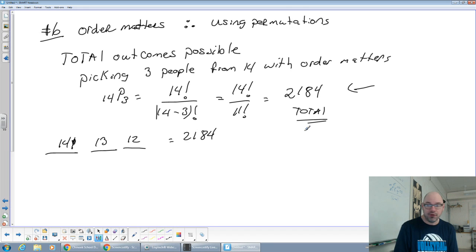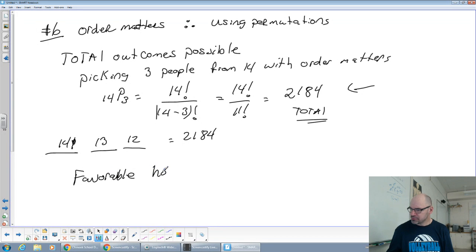Obviously there are 6 ways, because you think of it as 3 factorial. So the favorable outcomes: how many ways can 3 people take 3 positions?